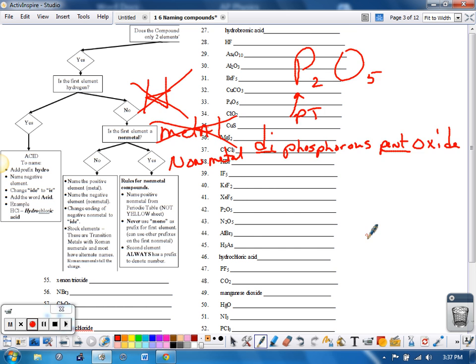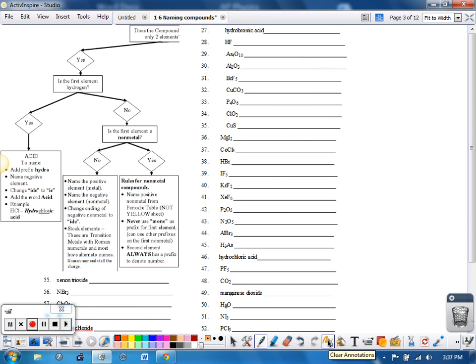Now, we turn around and do this a different way, and we have nitrogen monoxide. All right? Nitrogen monoxide. So we would say N-O.